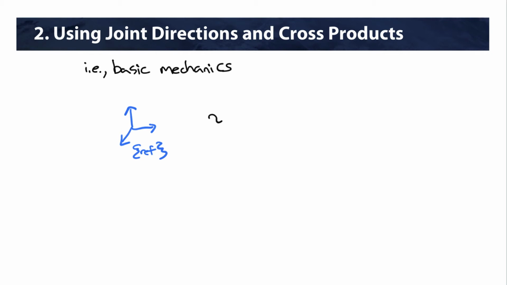And we may have a prismatic joint. This would be Zj, say. And we could have a revolute joint, Zi, which has a joint rate of omega i. And then maybe we have our end effector off of that point.